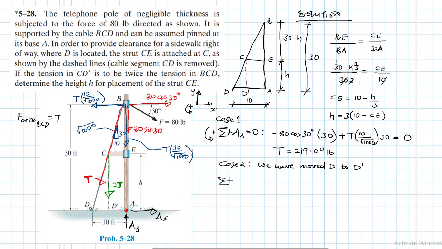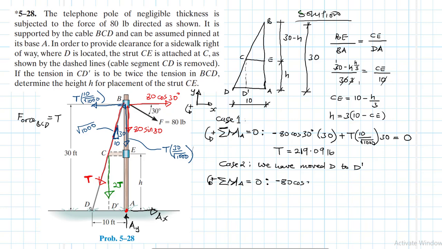So summation again of moments about point A, due to case number 2, we have minus 80. This force 80 is still there, nothing has changed. We have just been moving the cable.